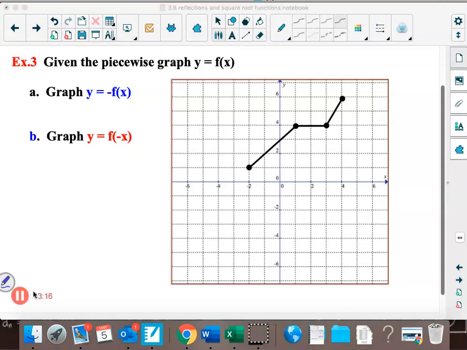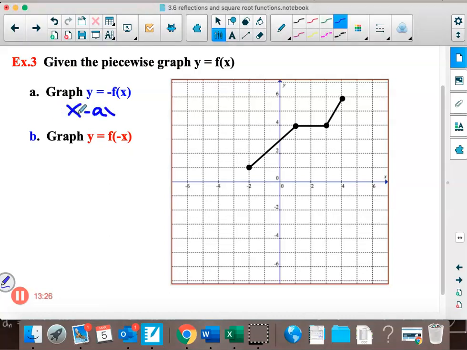So my first question: this blue one, y equals negative f of x, is that going to reflect over the x or the y-axis? X-axis, because we're multiplying the negative by the y value. So when we reflect over the x-axis, if you're having trouble reflecting a whole graph, just reflect some points individually.